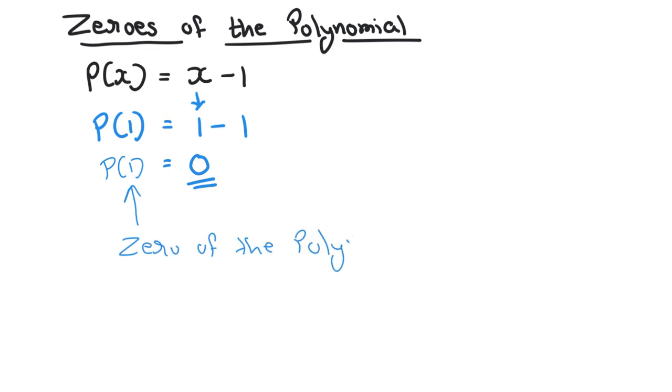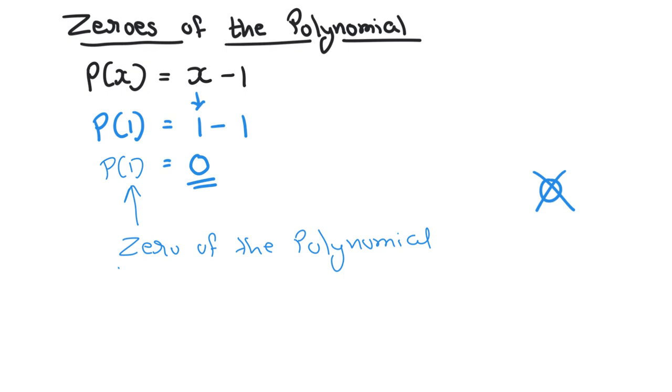Understand what is called the zero of the polynomial now? Not necessarily the number 0. Any number that makes the value of the polynomial equal to 0, that number is called the zero of the polynomial.